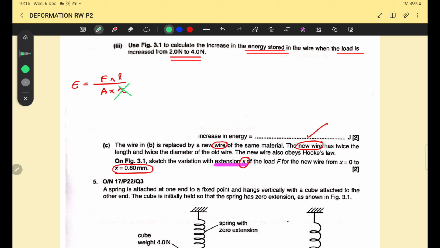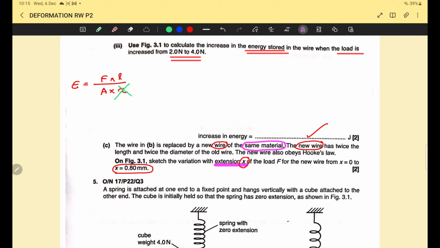The wire is replaced by a new wire of the same material. Material is the same. Nandini, if the material of the two wires is the same, then which symbol should I cut? F, L, A, E. Which symbol should I cut for the same material? When the material is the same, which physical quantity will remain the same in this formula?